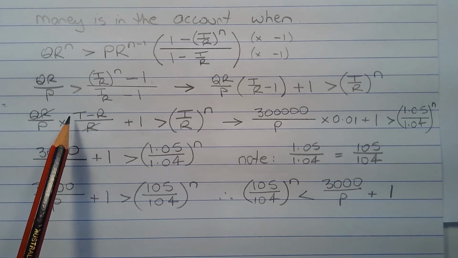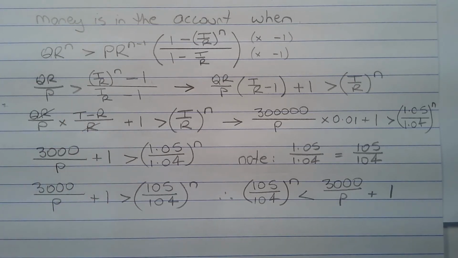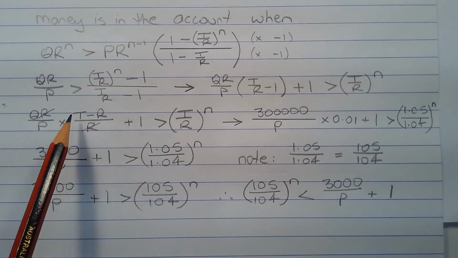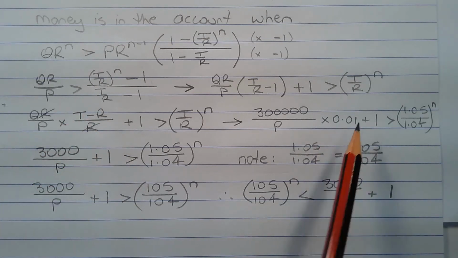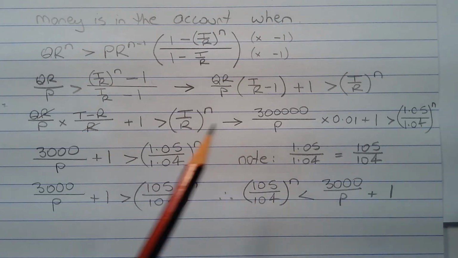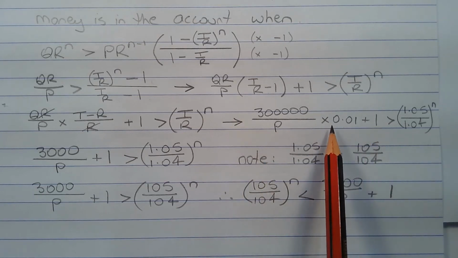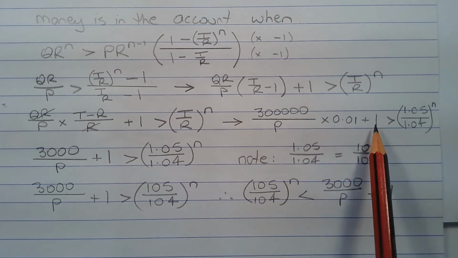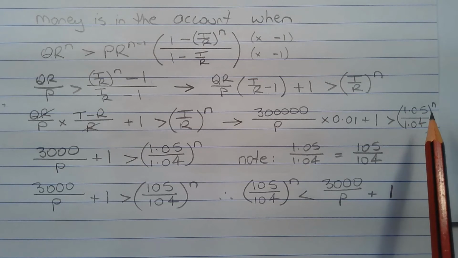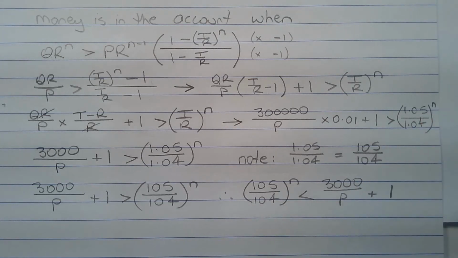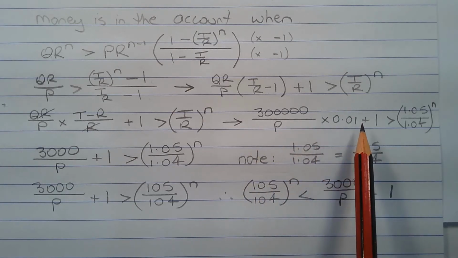And because we have values for t and r, we can substitute those values back in or evaluate t minus r, which is going to be 0.01. And we can replace q with 300,000. So we end up with 300,000 over p multiplied by 0.01 plus 1 is greater than (1.05 over 1.04) to the power of n. Now 300,000 multiplied by 0.01 is just 3,000.